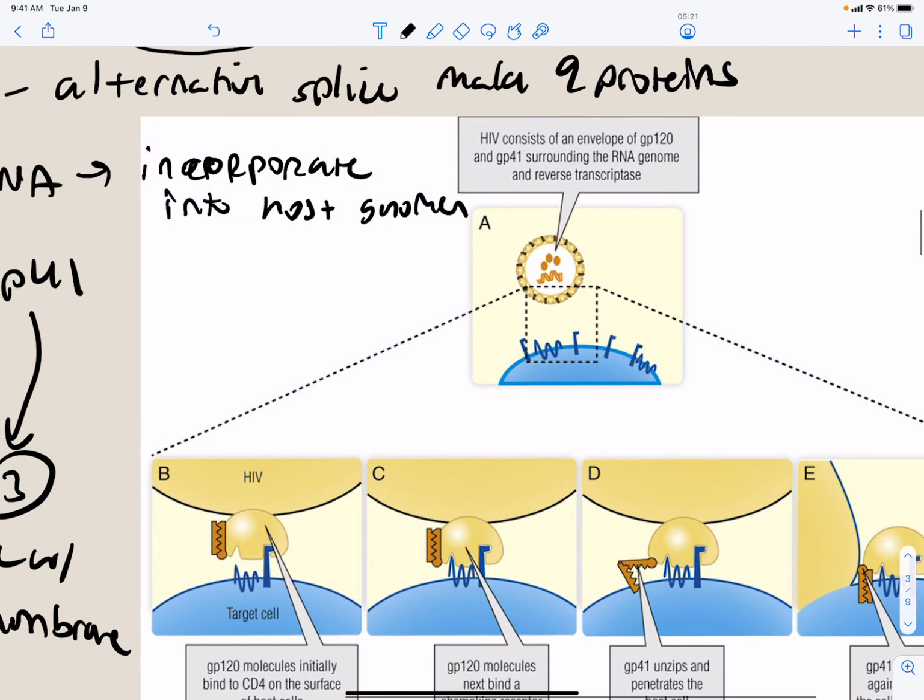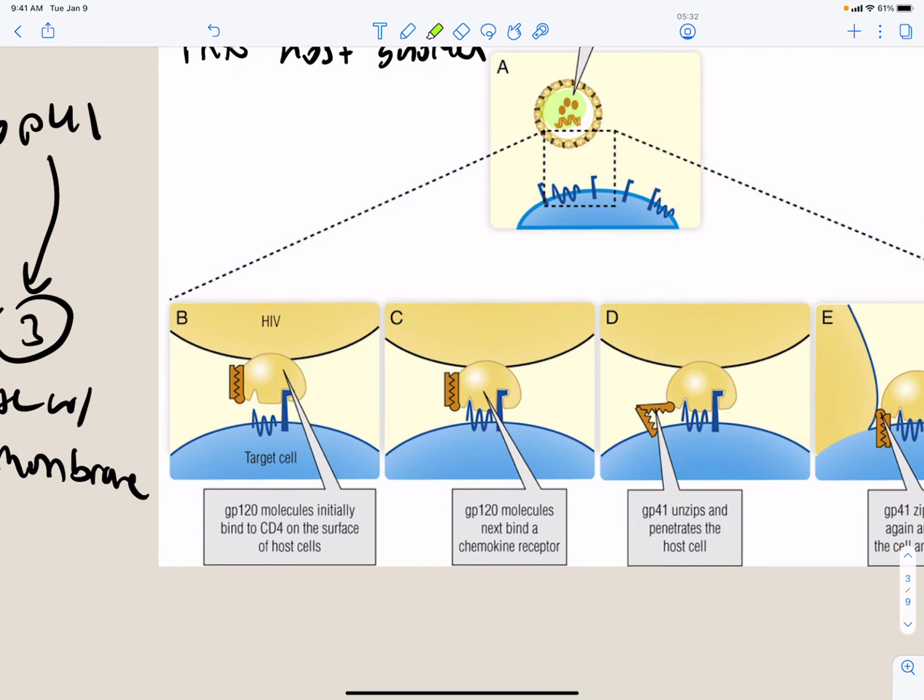So again, HIV is going to be a virus that has an envelope, GP120 and GP41. It's made up of RNA on the interior. The GP120 is going to bind to CD4 on our CD4 T cells or our macrophage or dendritic cells, and then it's going to bind to a chemokine receptor on our CD4 T cells.